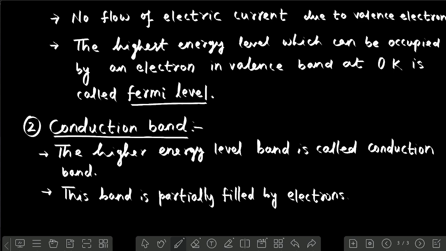And if we consider insulators and others, for an insulator the conduction band will be empty. So we'll see the classification of conductor, insulator and semiconductor in terms of all these bands. So first you write: this band is partially filled by electrons.